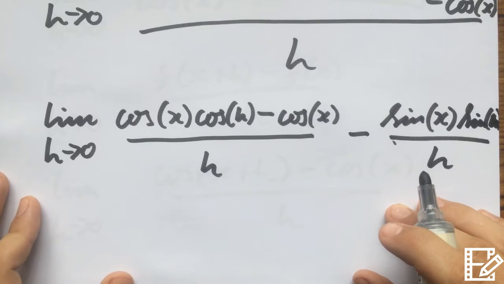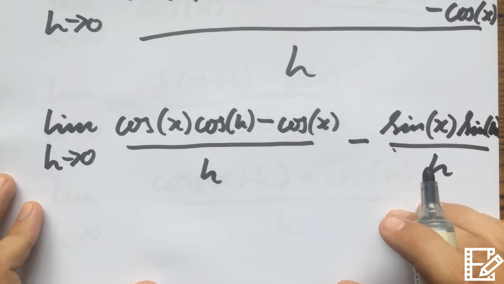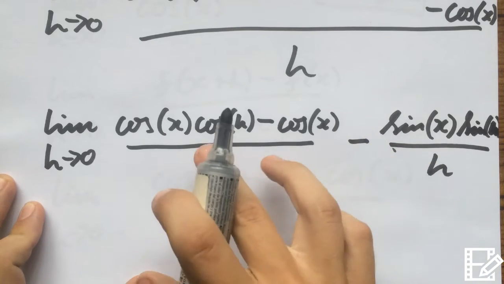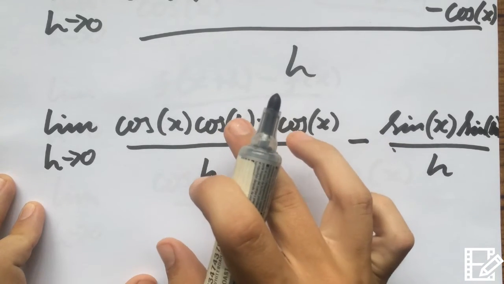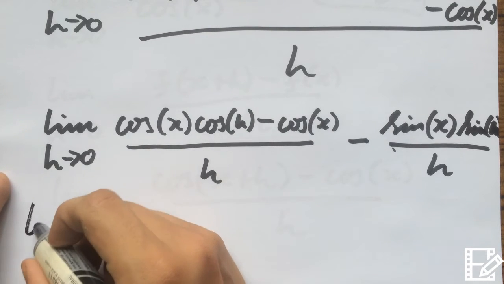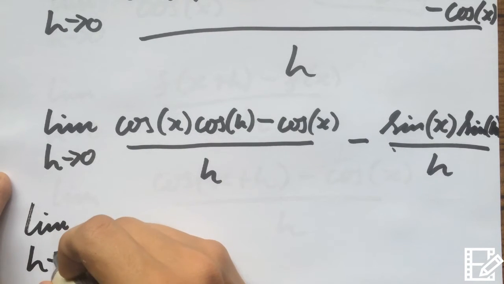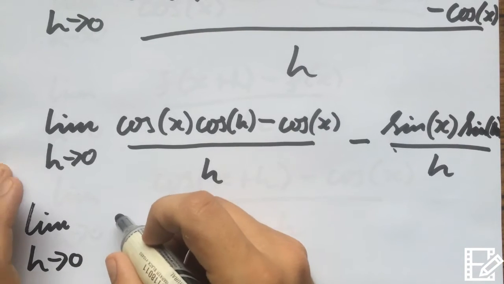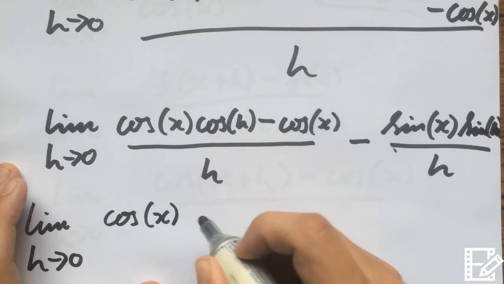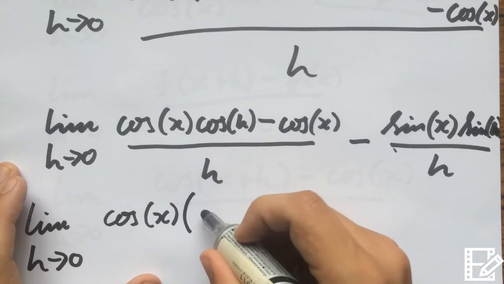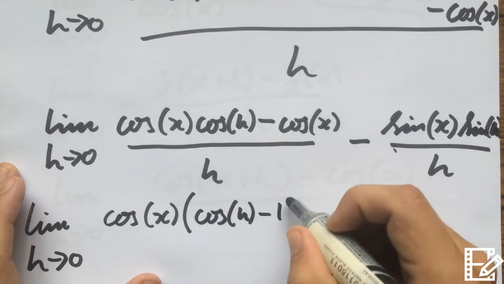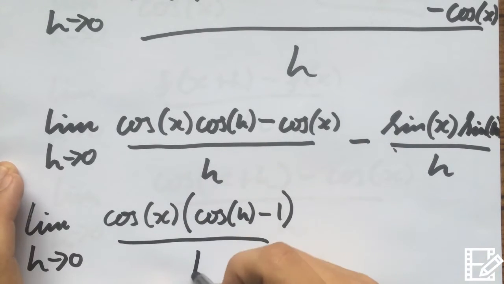Anyway, what's the next step? Here we have a cos x and a cos x on either side of the subtraction. If you think about it, we can factor it out. If we factor it out, what it does look like is cos x, in brackets, cos h minus 1, over h.